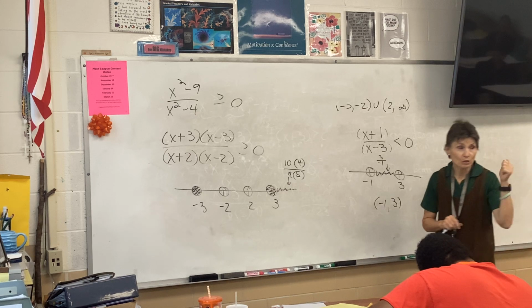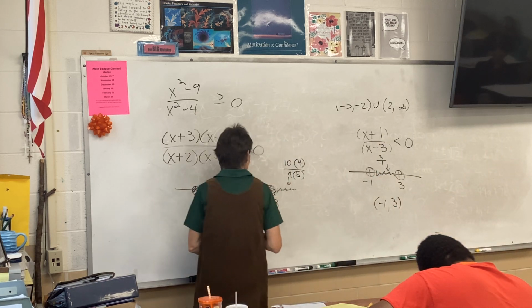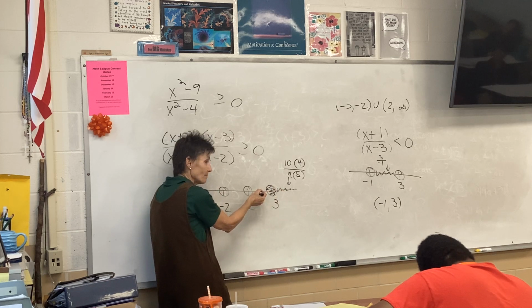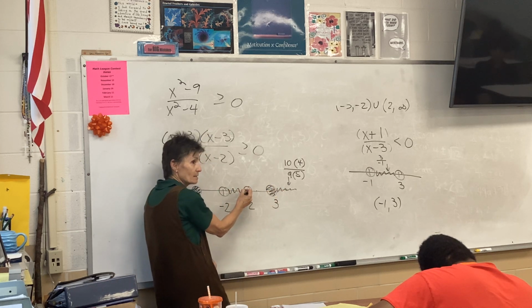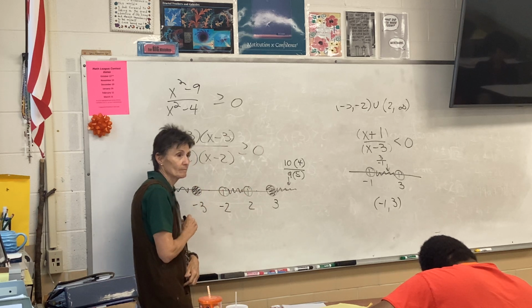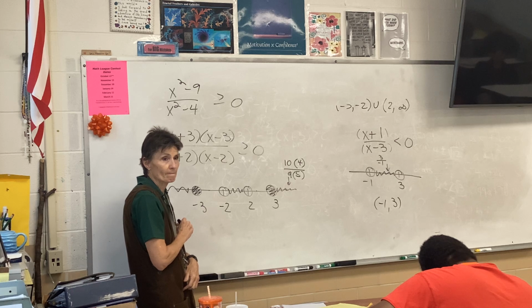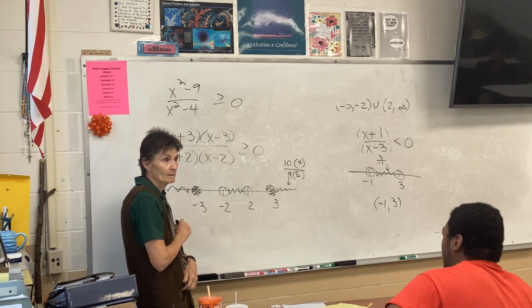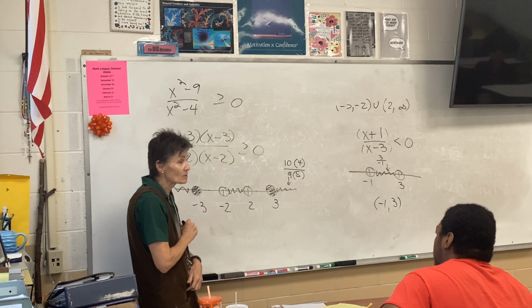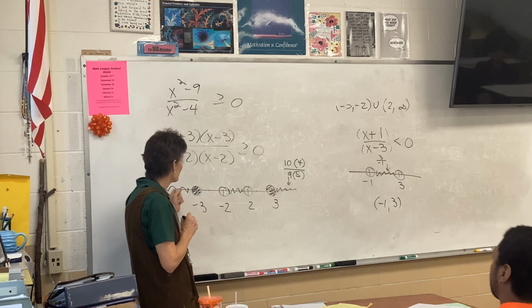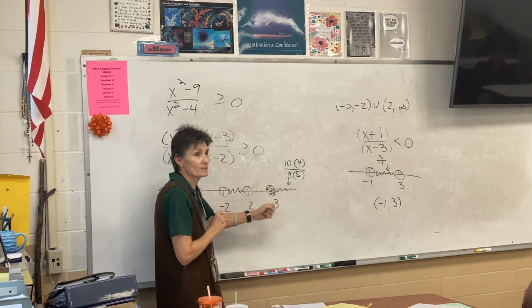No. That's good news, because that means if that's shaded, this is not, this is not, this is. Otherwise, if we had a squared on the parentheses in this problem, we would have to be checking numbers in every spot.